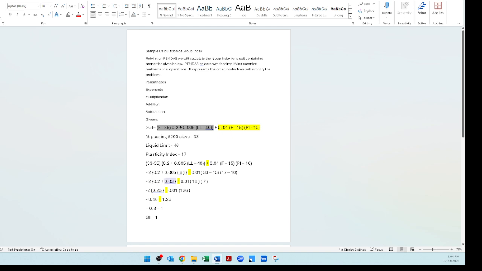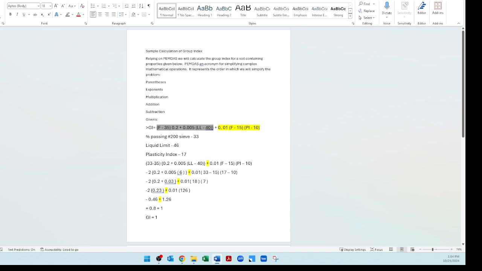Multiply that minus 2 times 0.23, which is the result of, now we added 2 plus 0.03, that's 0.23. So minus 2 times that gives us minus 0.46, and 1.26 plus a minus 0.46 gives us 8/10, which rounds off to 1.